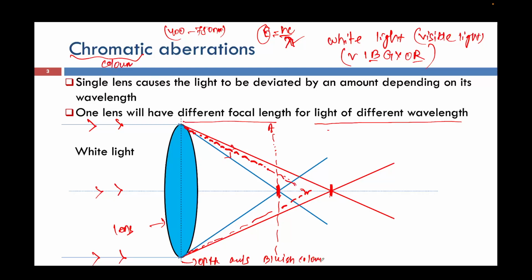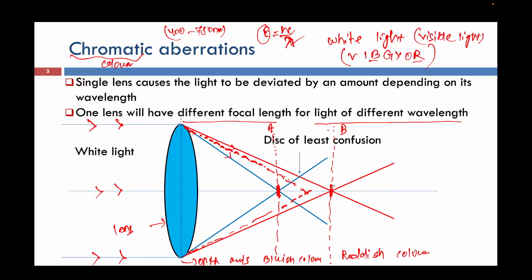Because at this point the blue wavelength is focused. If I put my detector in this plane, let's say B plane, I will get an image which will have a reddish color. Why? Because at this point my red wavelength is focused.